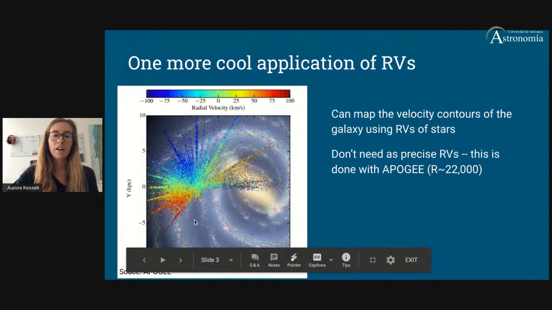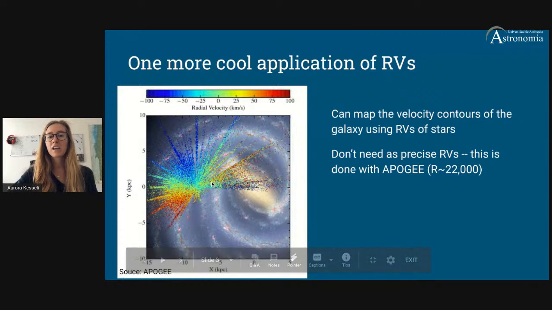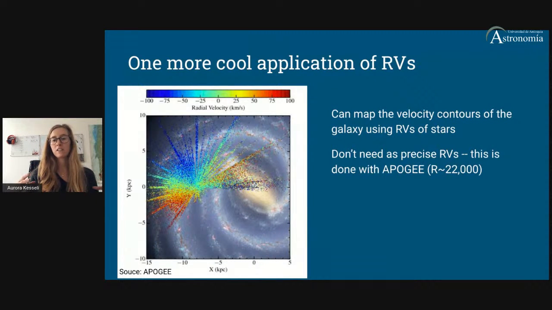And they're plotted here. And by looking at the radial velocity, we can start to see the kinematic structure of the galaxy. And so this is how we can map stars into halo stars and bulge stars and disk stars, by looking at their velocity distributions. So again, we'll talk about APOGEE later because this is the data we're going to be using for today's lab.